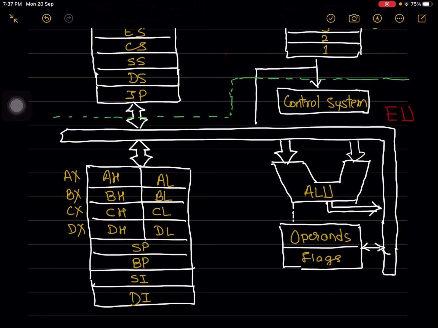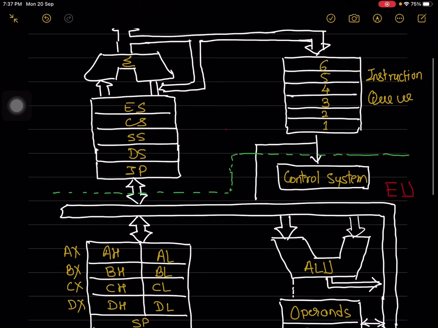As we discussed in the previous class, the bus interface unit performs the function of generating addresses for memory or input output ports, and it performs the task of reading and writing data from memory or from input output devices. Apart from this, whenever any program is read by the processor, it is brought into the instruction queue.